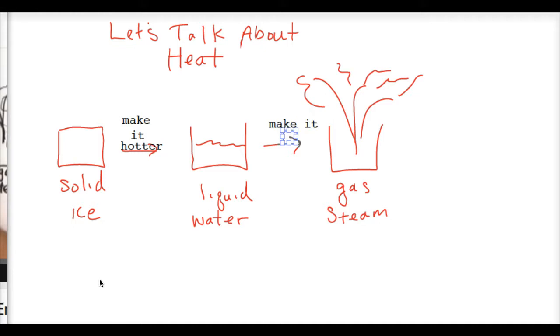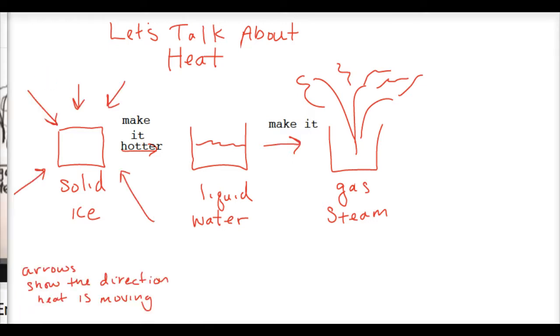The best way to represent this is to show that the heat is going into the system. So you can see I added a little bit more to our drawing.